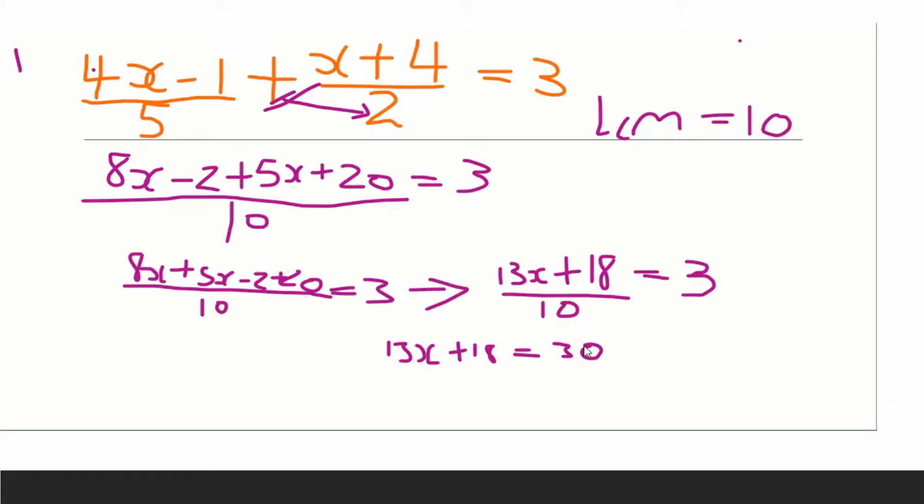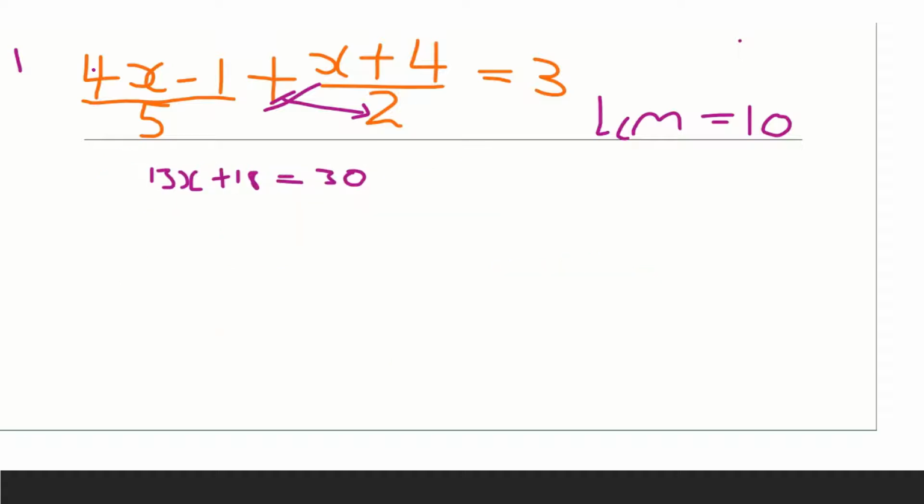Now we can just go ahead and solve for x. Solving for x, we have 13x equal to 30, and we're going to take our 18 and bring it across the equal sign. So it will be negative 18.